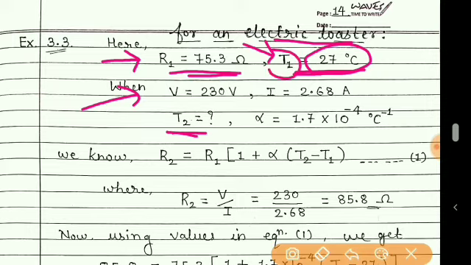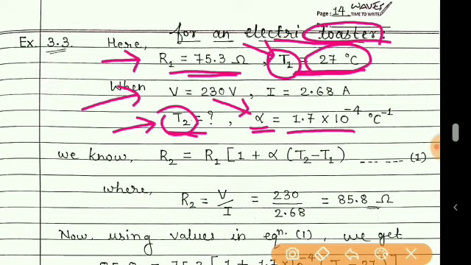Initially it was T1, then it became T2, and we want to find this temperature. For the heating material used in this toaster, its temperature coefficient, alpha, is given. It is 1.7 into 10 raised to minus 4 per degree Celsius.